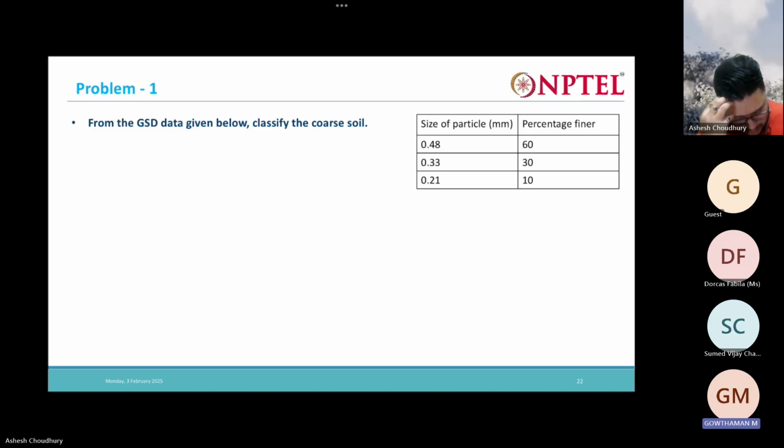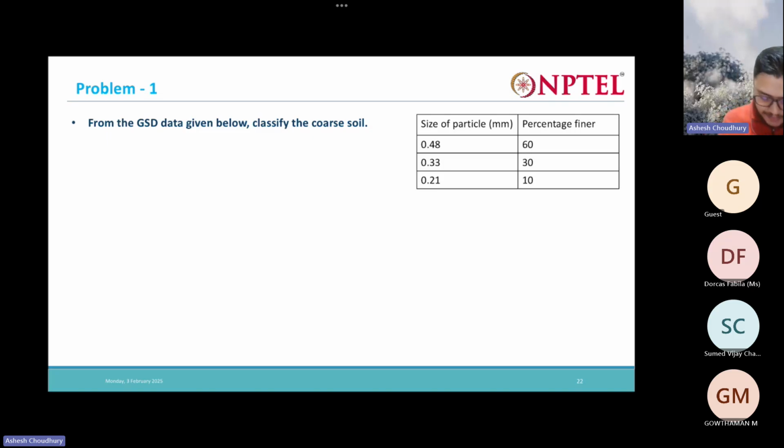It's not greater than 6, so you can consider that poorly graded. Since most of the particles are less than 4.75 mm, yes, you can say that. It didn't mention the 75 micron, right? Okay, so you said SP, right?